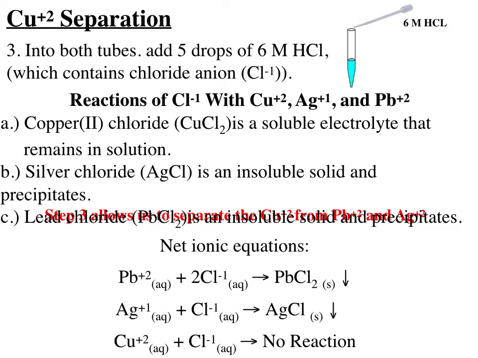And how we do that is, in this instance, we add a few drops of 6 molar HCl. Now, in particular, the HCl contains the chloride anion. And it turns out that both silver and lead form chlorides that are highly insoluble.